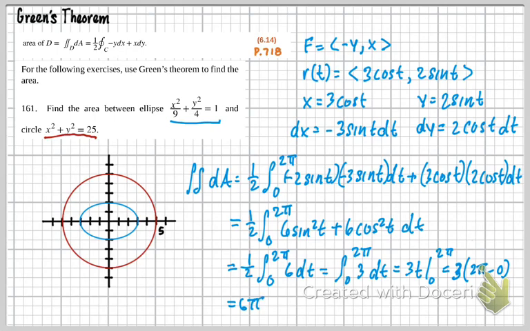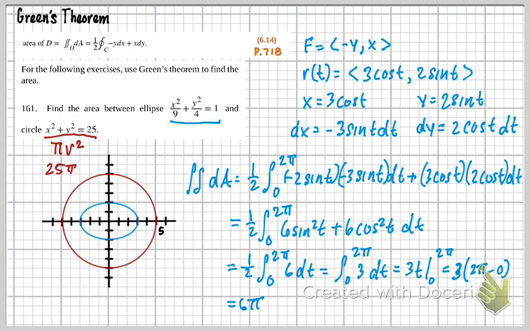Now again, we just found the area of the inside, so in the ellipse here, using Green's theorem. And we know the area of a circle of radius 5, which is the other area there, and that's going to be pi r squared. So that's going to be 25 pi.